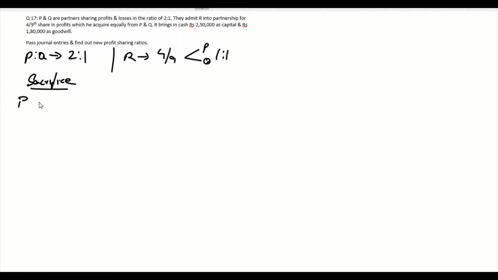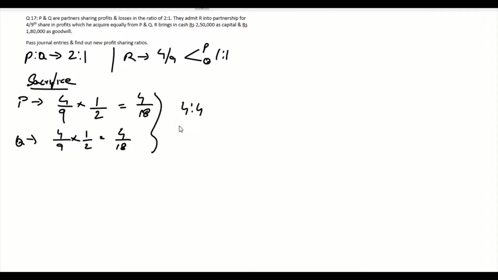We have P: the new share for R is 4/9 and they say it is given by P and Q equally, so it is 1/2, which is equal to 4/18. Then we have Q, which is again 4/9 into 1/2, this is equal to 4/18. So we already know the sacrificing ratio, which is 1:1. Okay, now we need to find the new ratio.